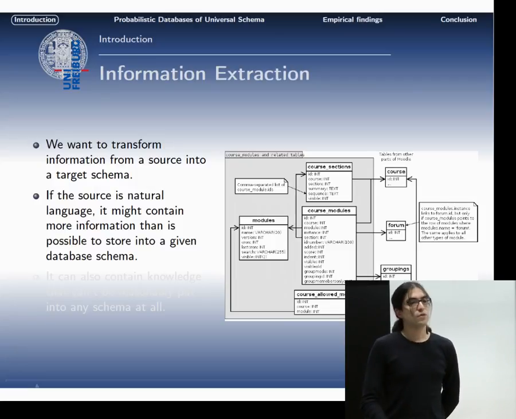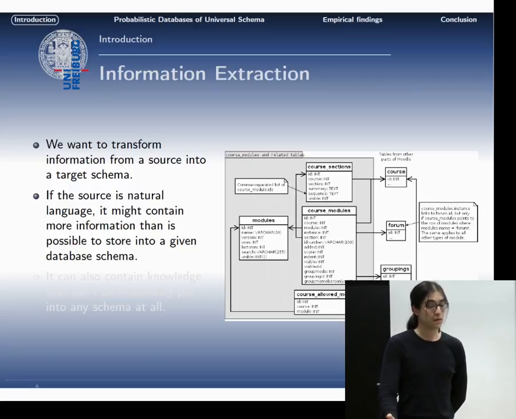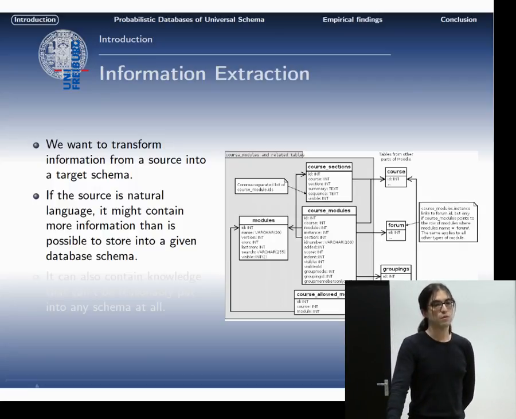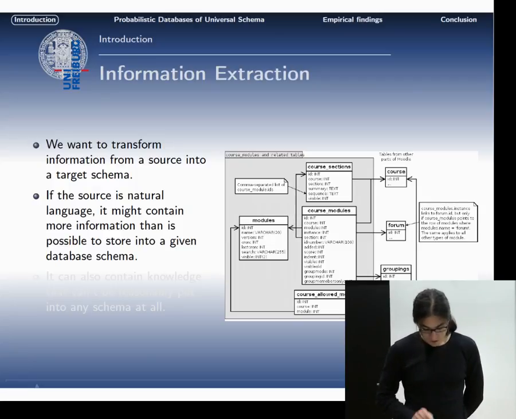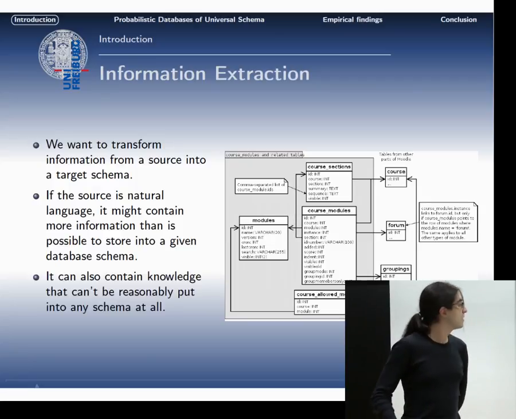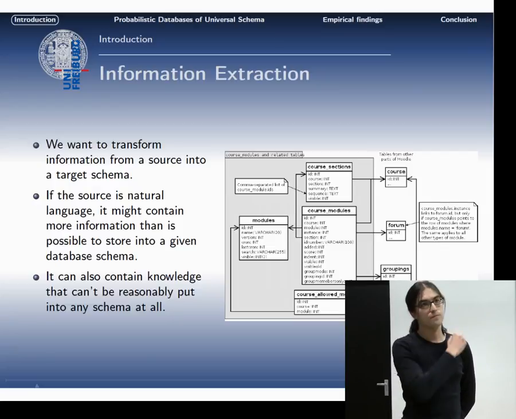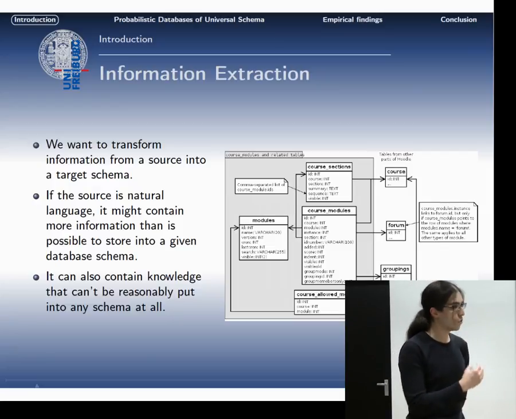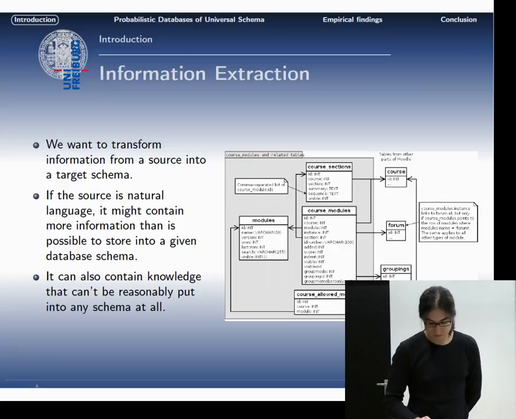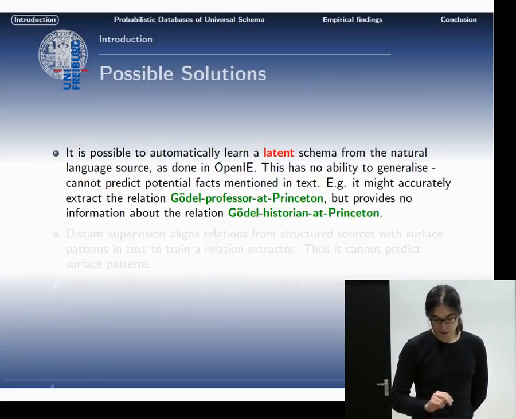Now, if the source is natural language, this poses a problem because it may contain more information than is possible to insert into any predefined schema without altering the schema during the process. Or even worse, it may contain information or knowledge that cannot be put into any schema at all. We have seen several examples of this during the previous presentations.